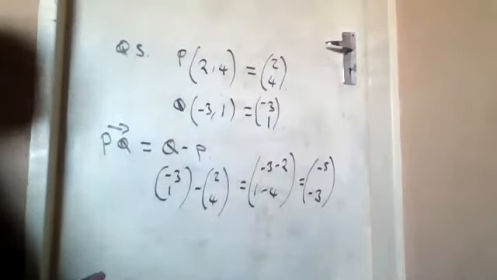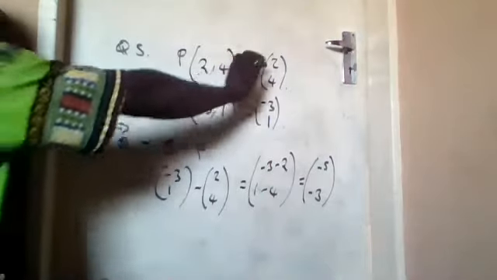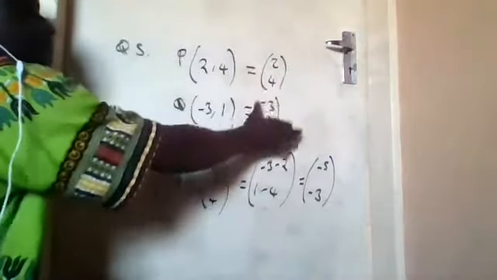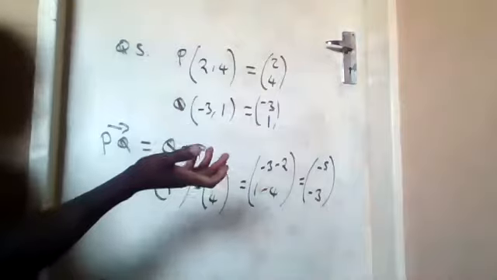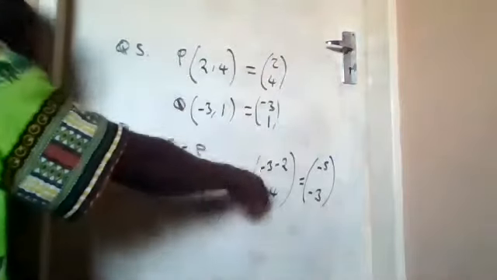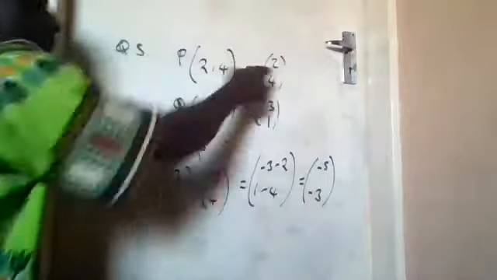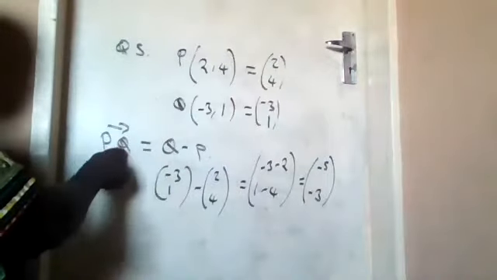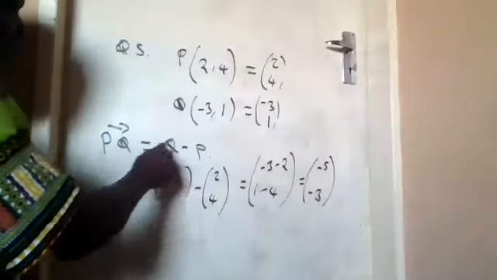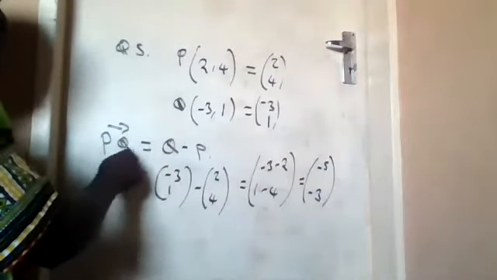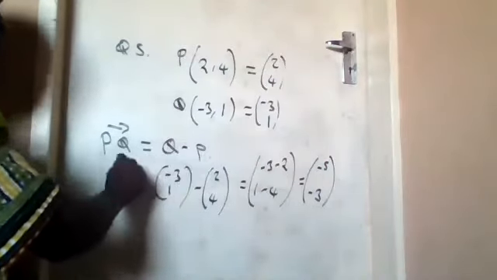And how do you do that? Instead of having them as coordinates, you have them now as column vectors. Because that's how you say in matrices, a row and a column. So when you have coordinates like that, you have to write them as columns. Then moving from P going to Q, we're going to subtract P from Q.